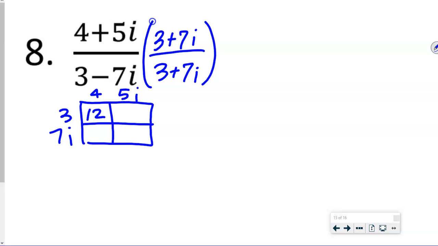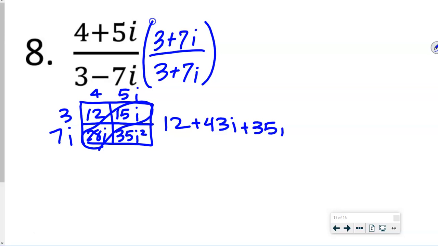Get 12 here, 28i, 15i, and 35i squared. So that's 12. Remember, again, we're going to combine these terms because they're like terms, so that's 43i. Then we've got the 35i squared.